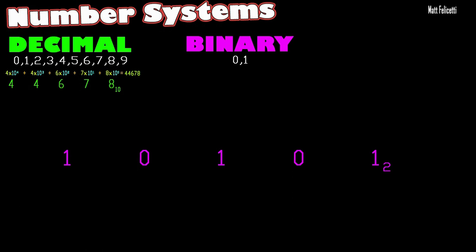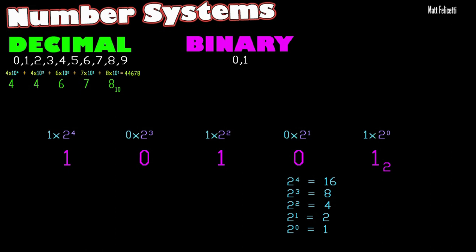So once again, each position is assigned a weight, where the weights are positive powers of 2 that increase from right to left. The value in decimal of a digit in a position is the multiplication of the digit's value by its weight.